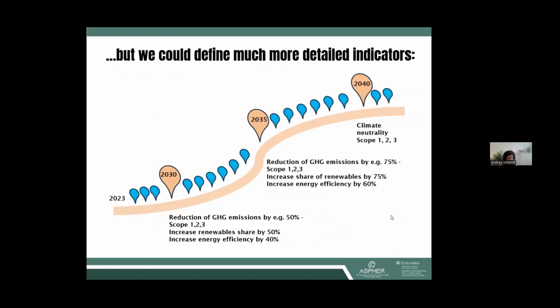So in some parts, depending on your position, you will need much more detailed indicators, because you will want to have a roadmap and discuss, for example, what is the share of renewables, what is my target, which indicator do I define to actually reach that target, and how can I really get to the end goal of, for example, climate neutrality or low carbon health system from the perspective of a facility. And you will need different indicators probably for the different areas, but also at the different levels here.